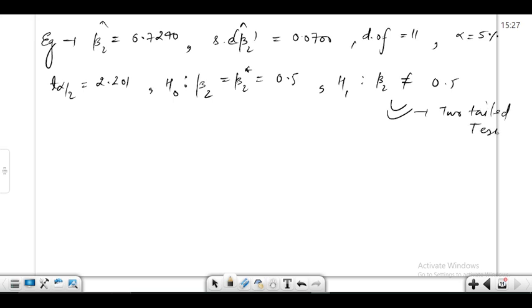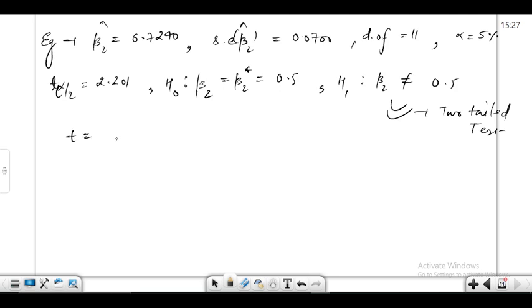So you have all the values, so it's very simple to check. So we'll find the t value.